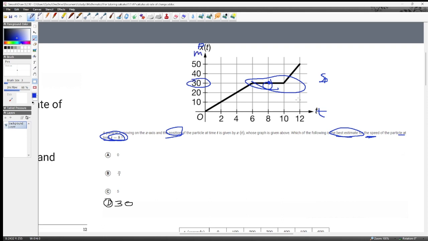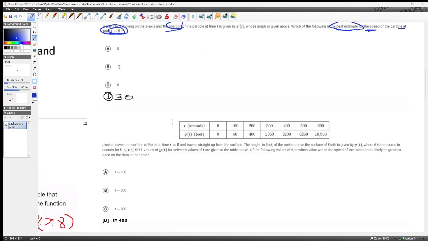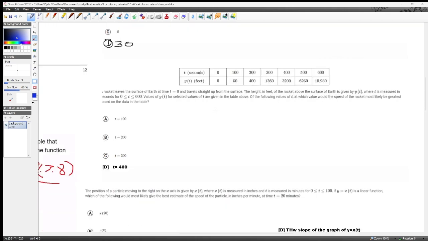A rocket leaves the surface of Earth at time t equals 0 and travels straight up from the surface. The height in feet of the rocket above the surface of the Earth is given by y(t), where t is measured in seconds.